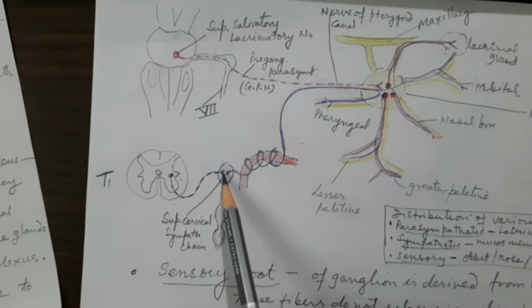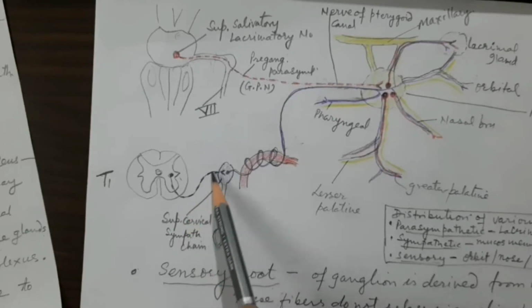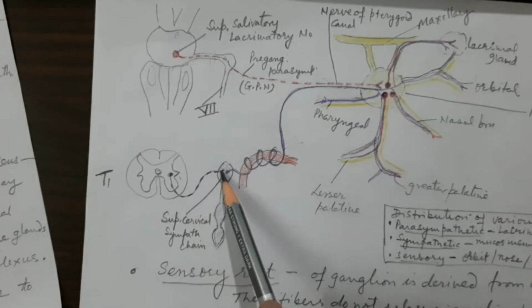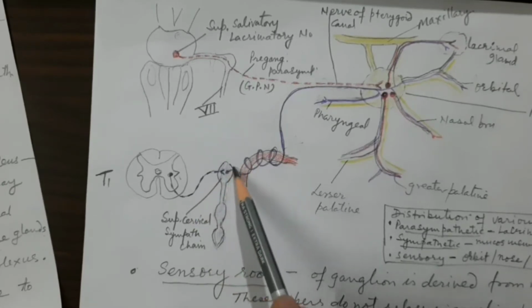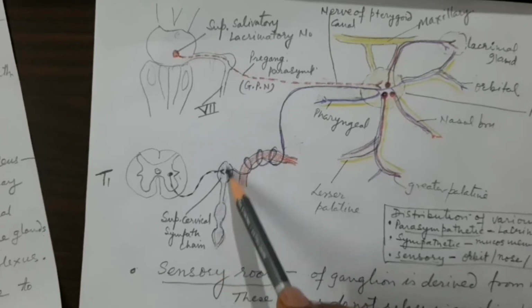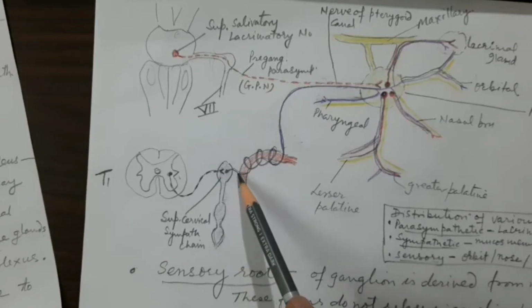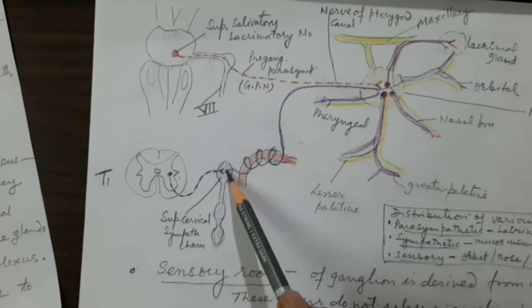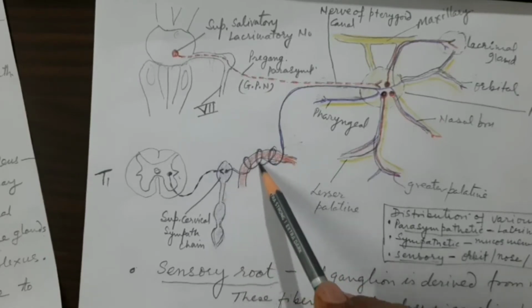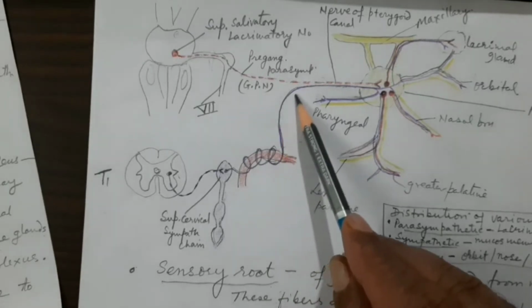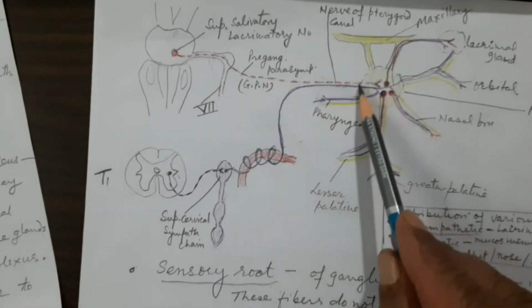The dotted violet line indicates the preganglionic sympathetic fibers. This is the superior cervical sympathetic ganglion, and this is the sympathetic chain in the cervical region. The postganglionic sympathetic fibers arising from the neurons in the superior cervical ganglion are shown in a continuous line going towards the ganglion.